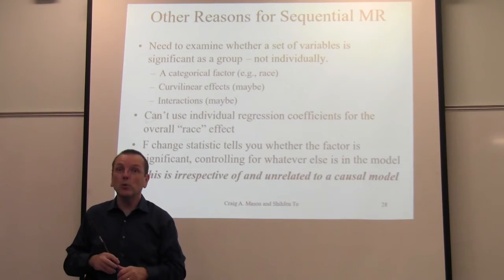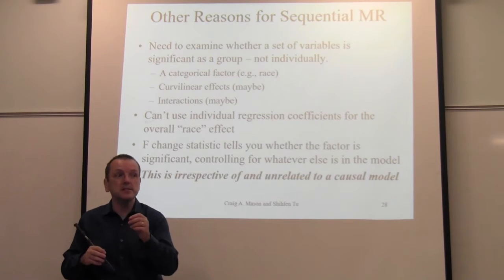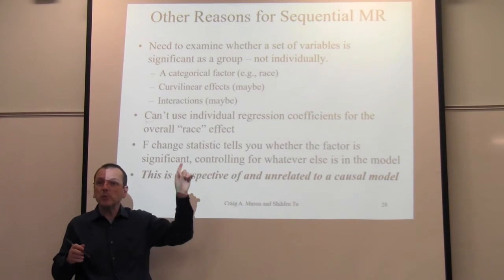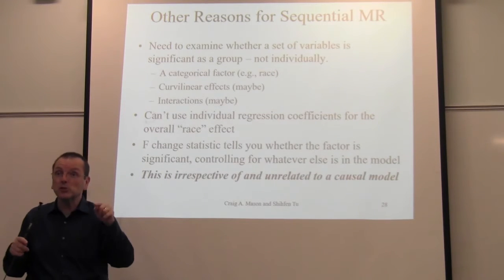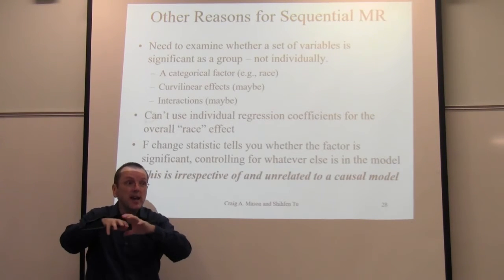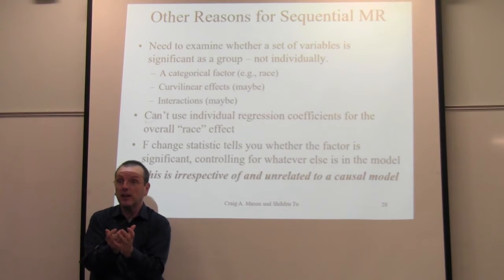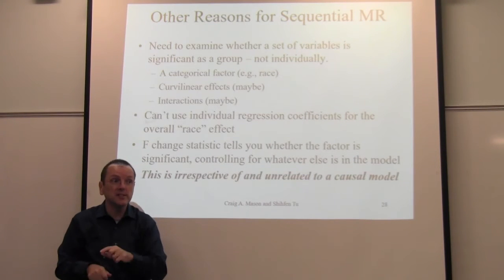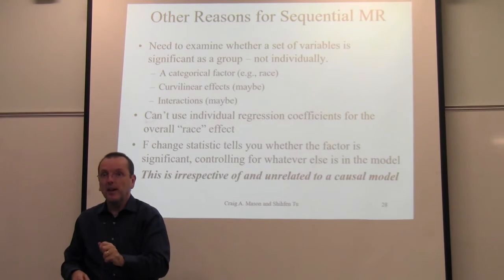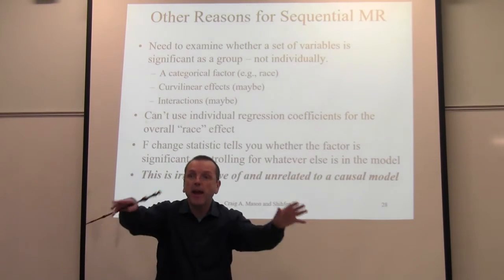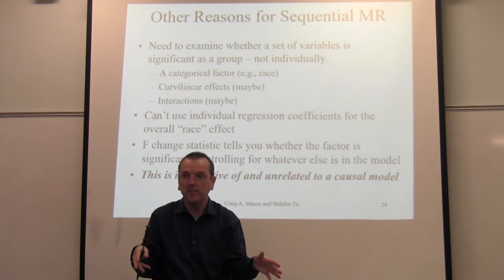Notice that the test for the F change, for the R-squared change, is a way of testing a group of variables altogether. The regression coefficients test is mom significant, is dad significant. It doesn't test is parent significant.